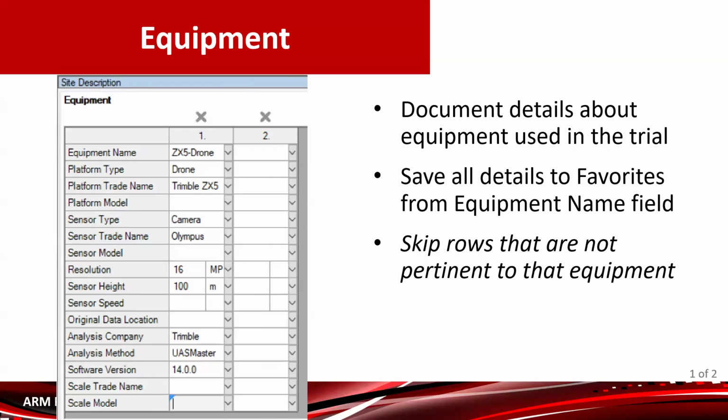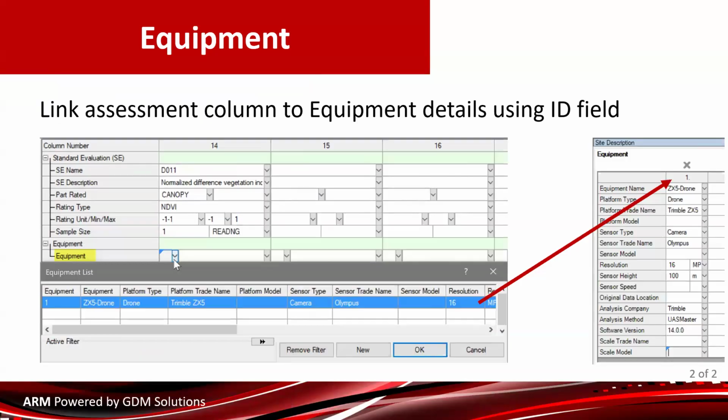So in all likelihood, you won't fill in every row for any particular given piece of equipment. Kind of the same as with everything in ARM, right? So many different aspects and things, they might not apply. But another use case for that equipment, in addition to the control environment, even in your assessment section, you can create a link to that piece of equipment.